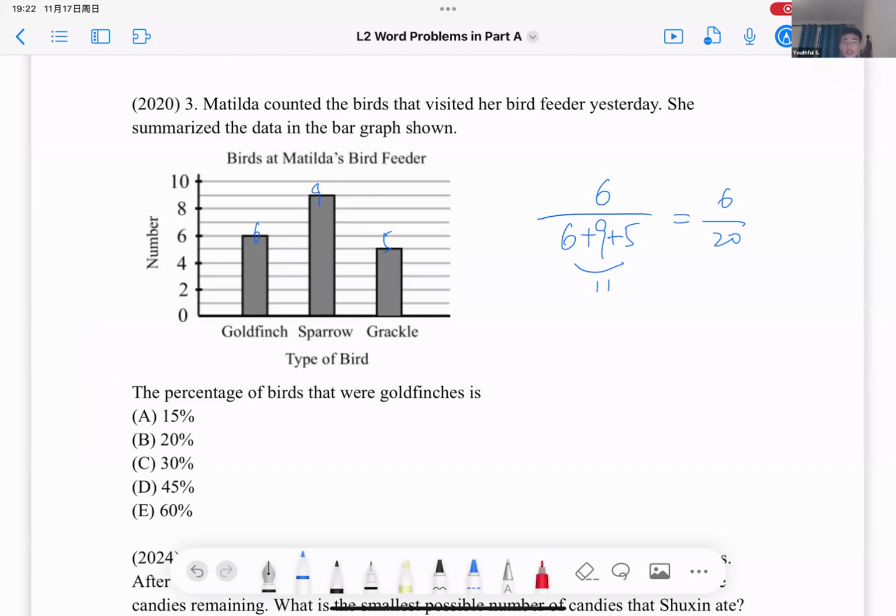Now, if you want to do it more quickly, you can just leave it as a fraction instead of making it a decimal and then converting it into a percentage. I recommend doing this because a percentage is basically a number in the numerator with 100 for the denominator. So you're just gonna make the denominator 100 if it's easier to do so. So it's basically 30 over 100. So it's 30%. Okay.